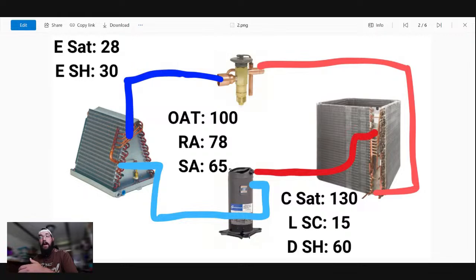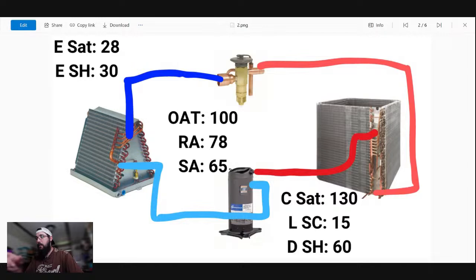We've got a high condenser saturation, but everything on the low side is low. So because of that, I would rule out a charge issue, because if my high side wasn't performing the way it was, that eliminates it as a possibility. There's something else going on.